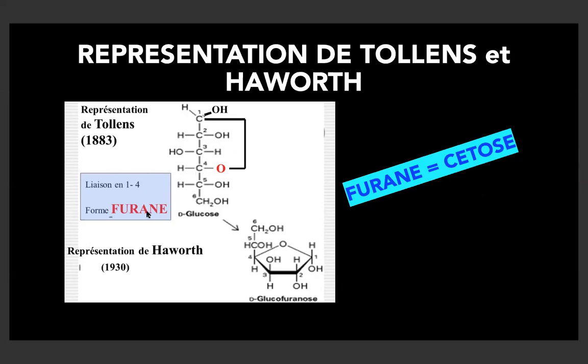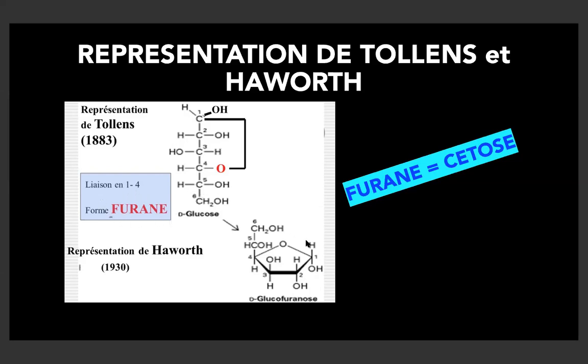Now, if we apply this to the only ketose we know, which is fructose, it means the liaison will be on carbon number 1 and carbon number 4, and the liaison that is going to be formed is going to be a furan.